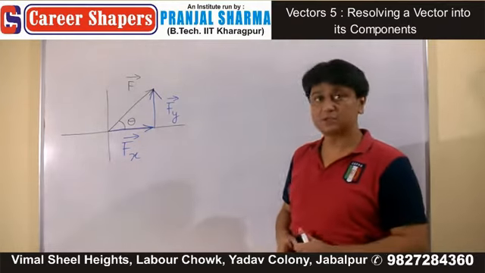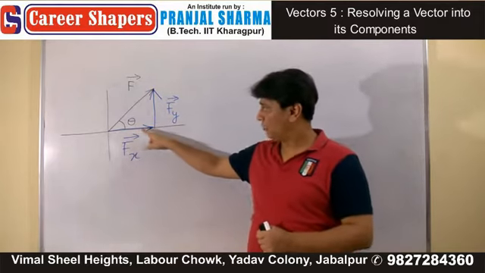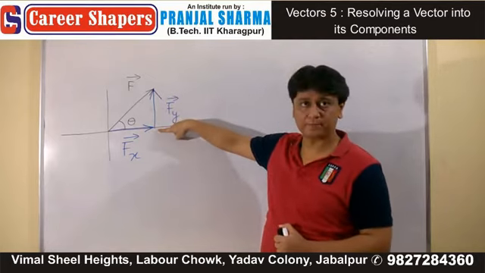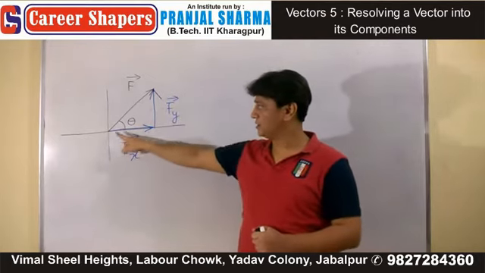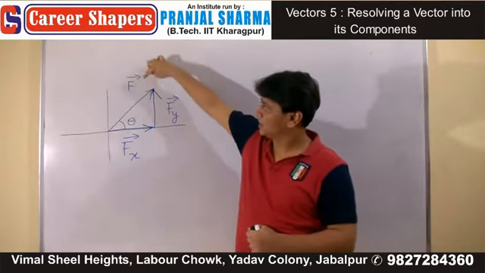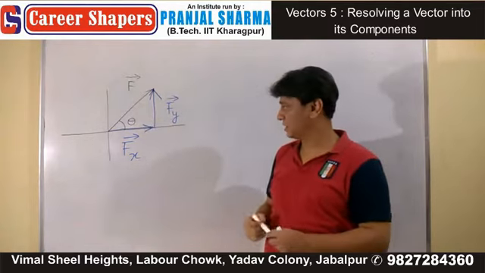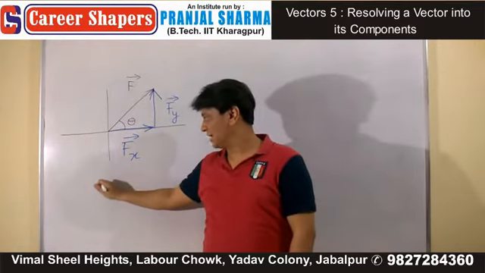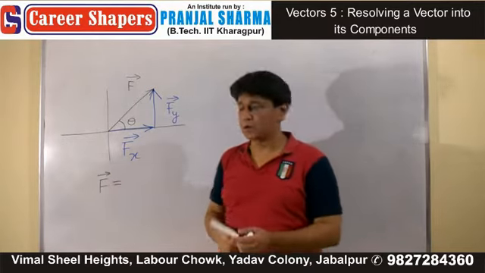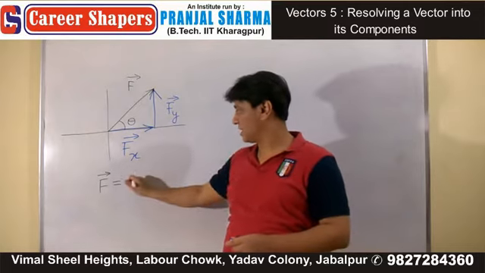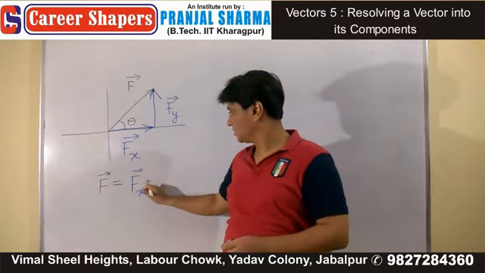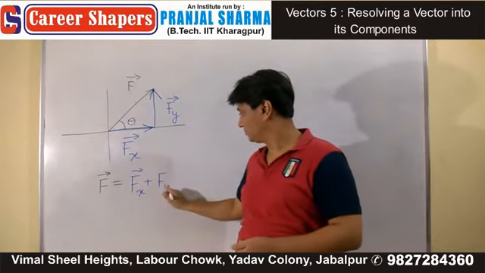Triangle law of vector addition says what? On the head of Fx is the tail of Fy. And then finally we join the tail of the first with the head of the last, giving us F. That is, F is nothing but Fx plus Fy.